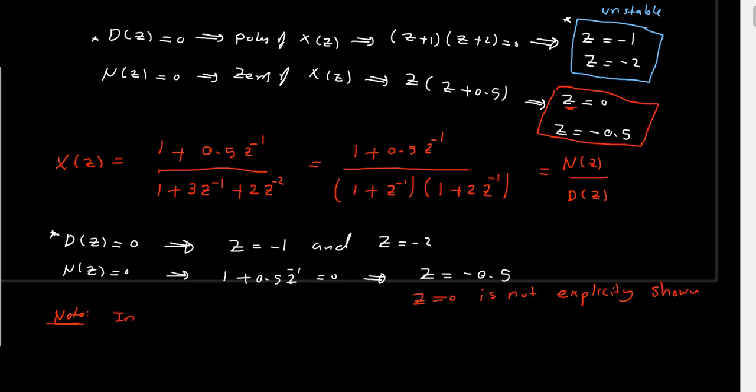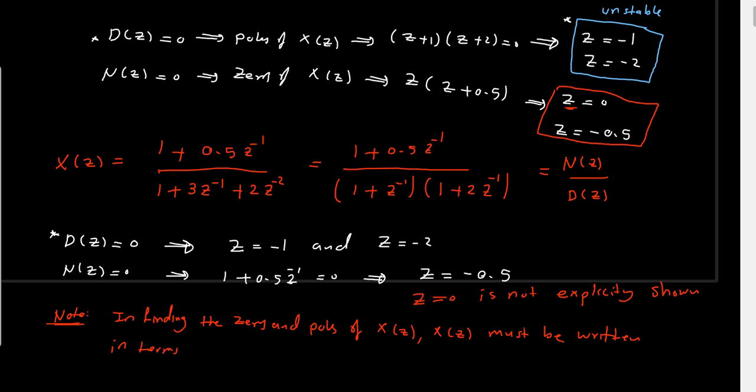In finding the zeros and poles of x of z, then x of z must be written in terms of z, not z minus 1.